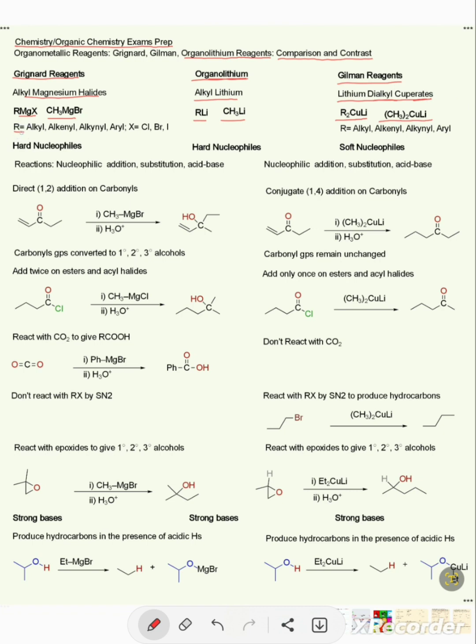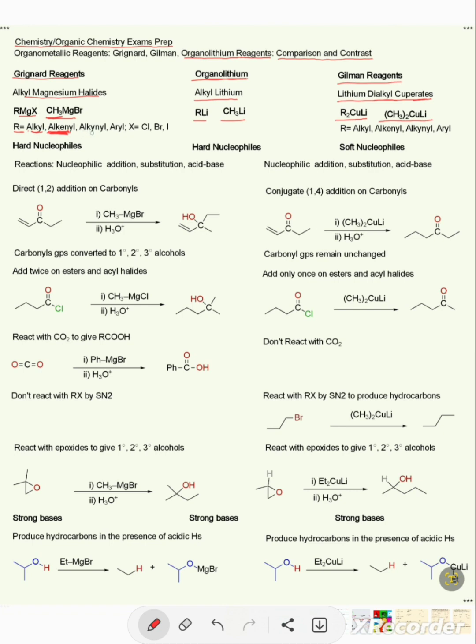The R group here for all of these could be an alkyl group, just like the methyl shown here. It could also be an alkenyl group, where the carbon that the magnesium is connected to is an sp2 carbon, also known as a vinyl group.